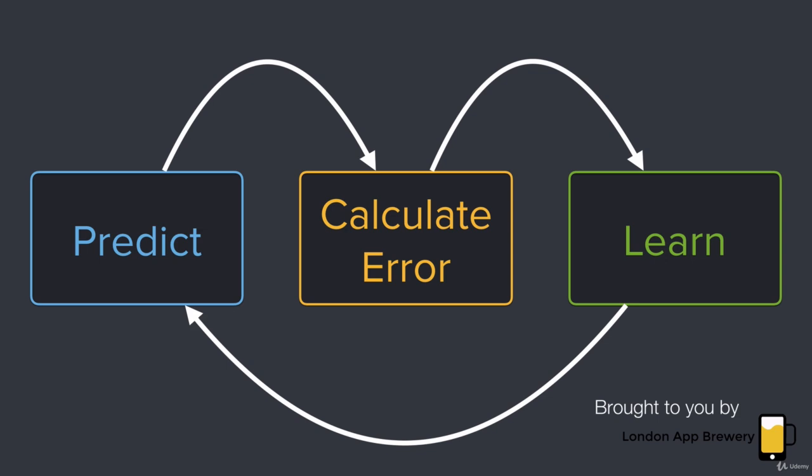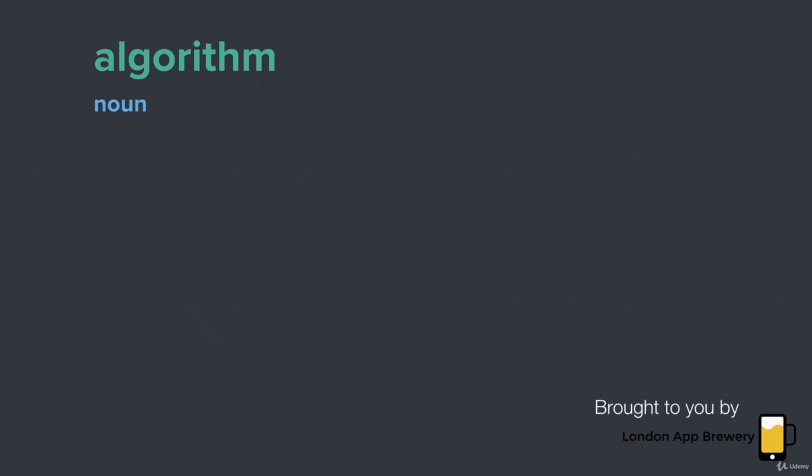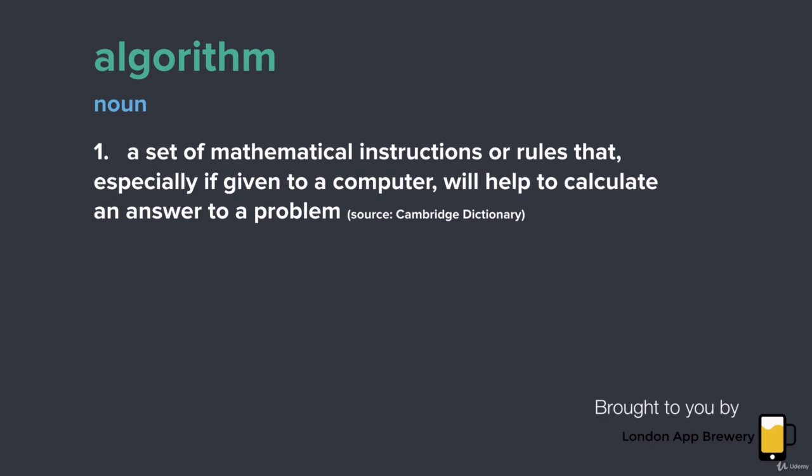Now, there's actually a name for this kind of step-by-step approach that we just described. This is called an algorithm. An algorithm is a set of instructions for solving a problem. The Cambridge Dictionary defines an algorithm as a set of mathematical instructions or rules that, especially if given to a computer, will help calculate an answer to a problem.